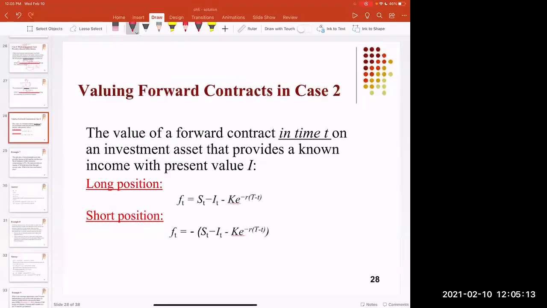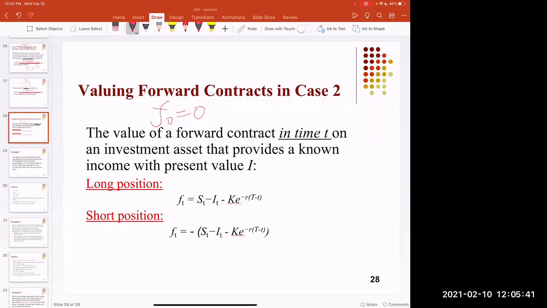What about the value? The value of a forward contract in case 2 is similar to case 1. The value of a forward contract at time 0 always equals 0, no matter if it's case 1 or case 2. So the value of forward contract at time 0 is 0.